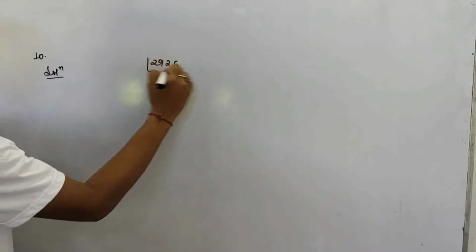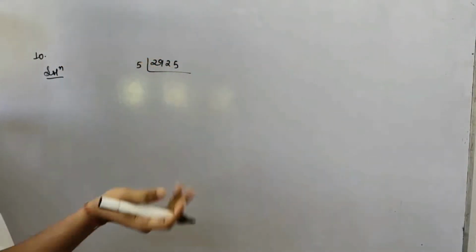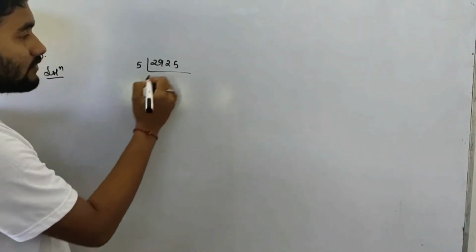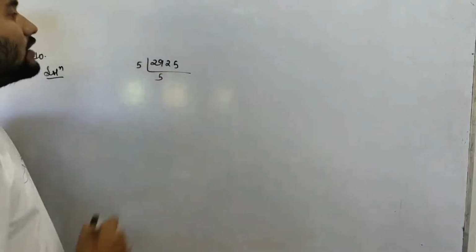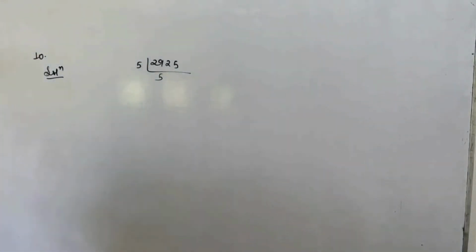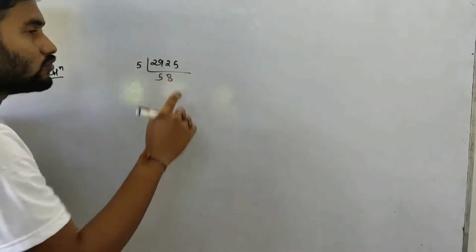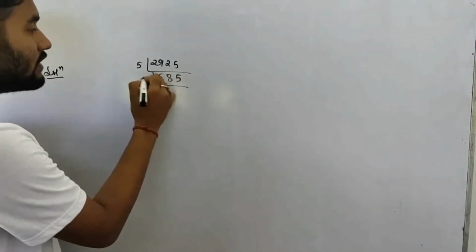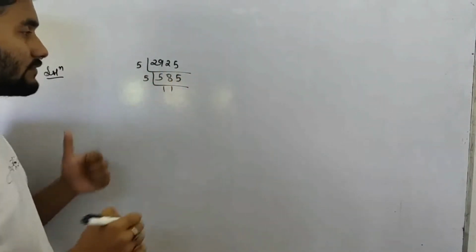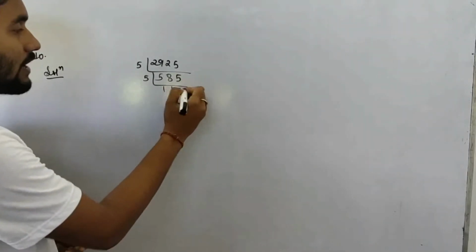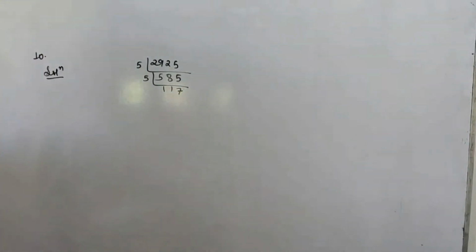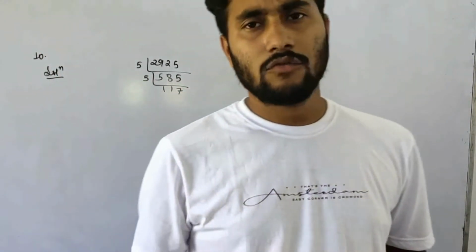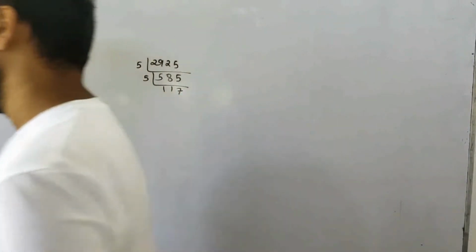Try to do it faster than me, okay? Try to do it quicker than me, okay? 5 is there, so I will try by 5 only. 5 5s are 25, 5 8s are 40, 42. 585 again, 5 is there. So 5 1 is 5, 5 7 is 35, 117. 117, table. 13 8 is 104, 13 9 is what? 117.